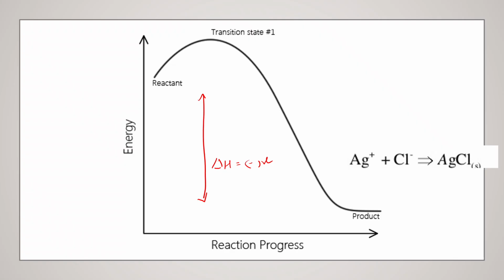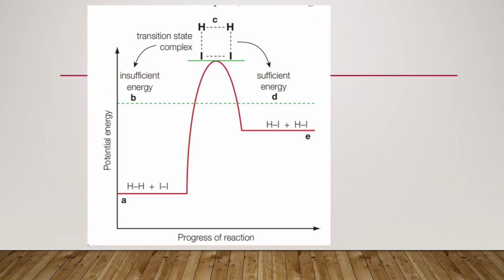Notice that a more appropriate label for the x-axis would be reaction coordinate, although that is synonymous with the progress of the reaction, and that for the y-axis is actually potential energy.